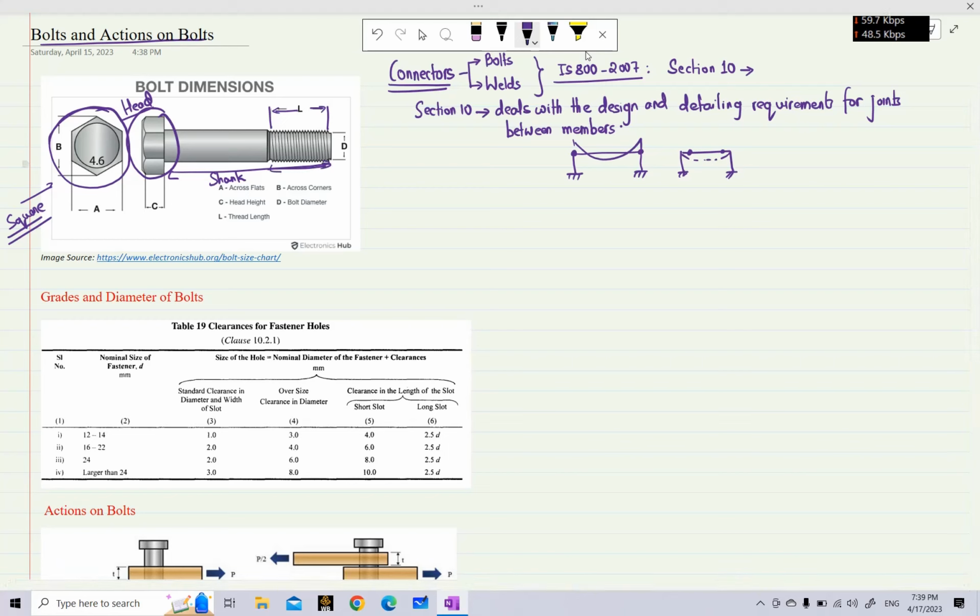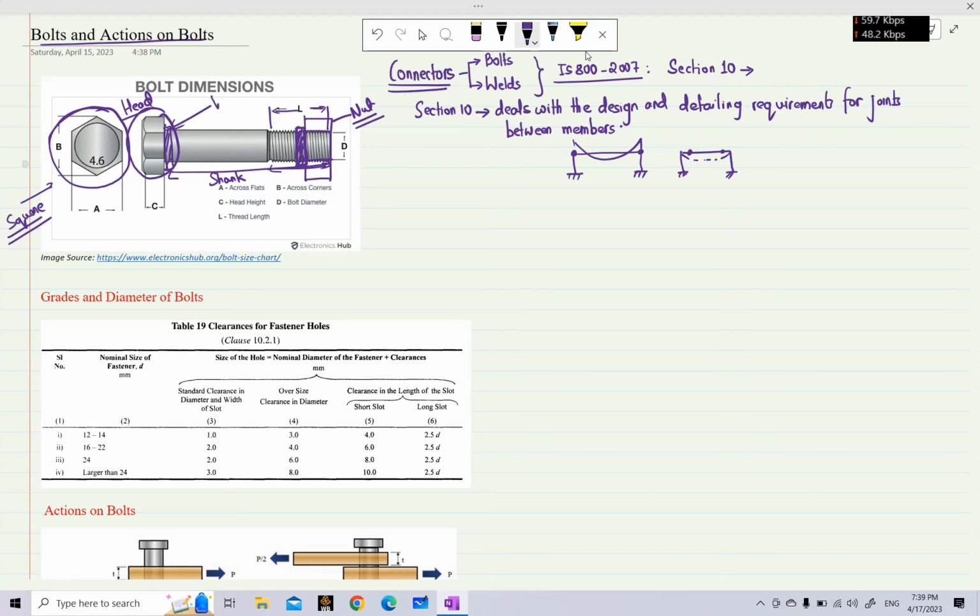This is the threaded portion of the bolt, and usually in this threaded portion there will be another part that is used while clamping the structure with this bolt, and it is known as a nut. Below the head and also above the nut, we generally use a washer. A washer is used for clamping any 2 parts with the help of the bolt.